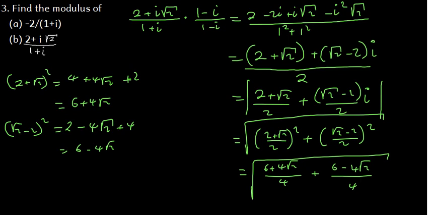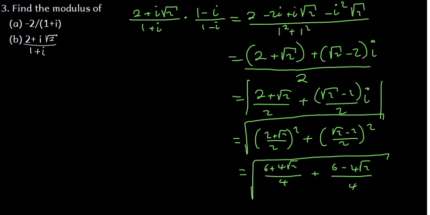So actually what is inside there we can add, because they've got the same denominator, that would make things much simpler. So just add this and divide by 4 since the denominator is the same. So we're going to have the root of 6 plus 4 root 2, and then plus 6 minus 4 root 2, and then everything divided by 4.